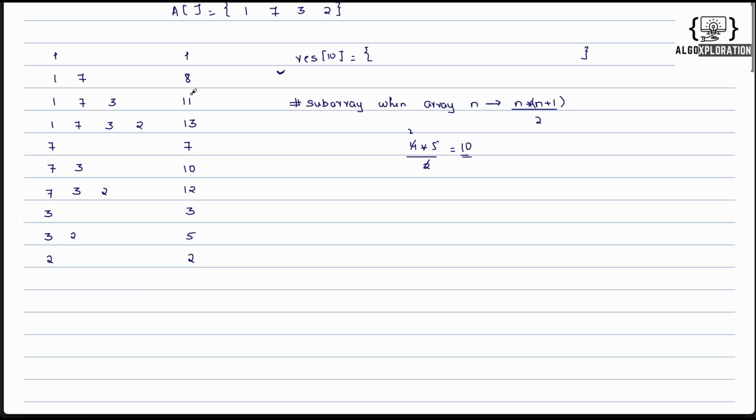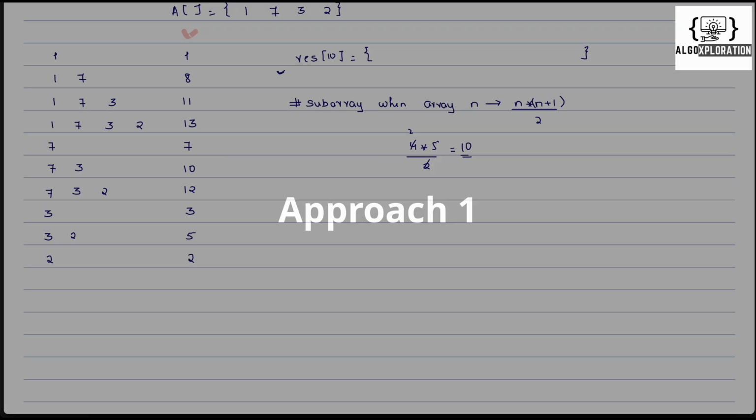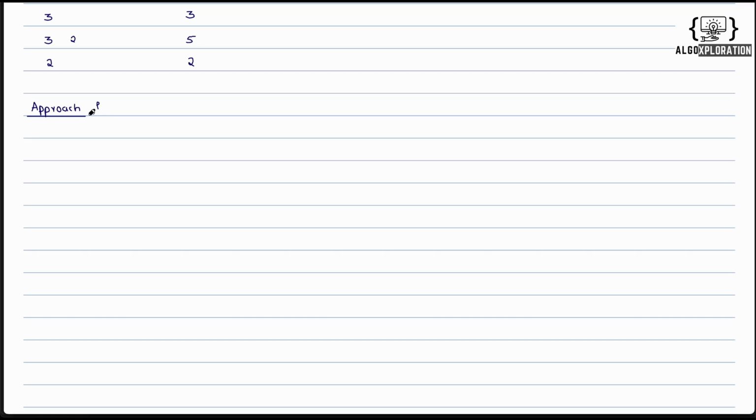Let's see how we can find this sum. So approach 1: if you know how to find all the subarrays, then this approach 1 will be very easy. If you want to find all the subarrays, we will be using 3 for loops, right? Here I'm taking the help of the start variable, which will be running from 0 and it will be going till n.